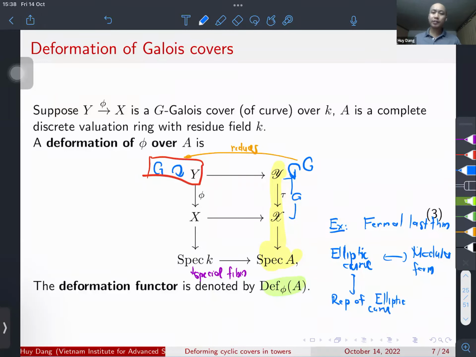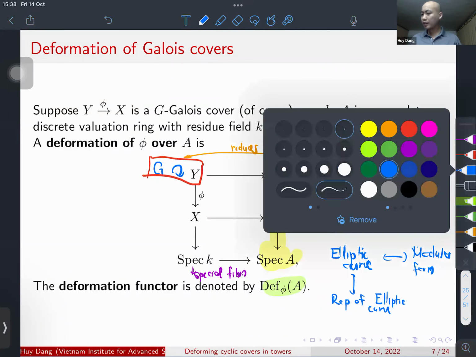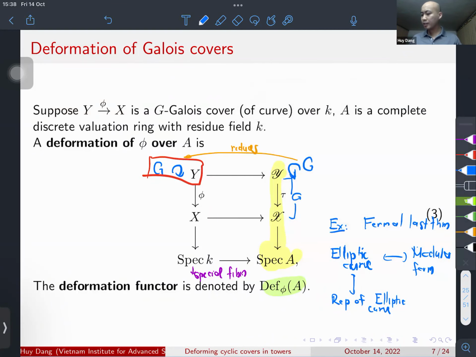So what Wiles did is show that if rho is a Galois representation of an elliptic curve and rho is modular, whatever it is, then so is everything in the deformation of rho.